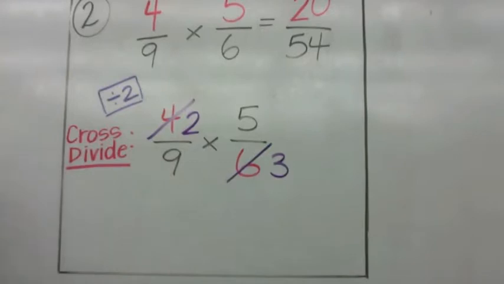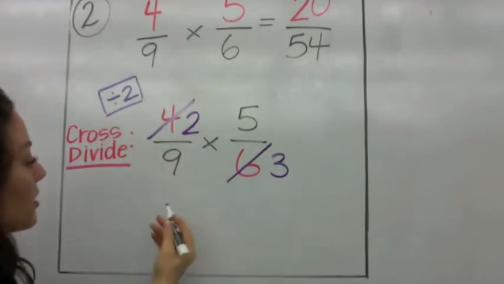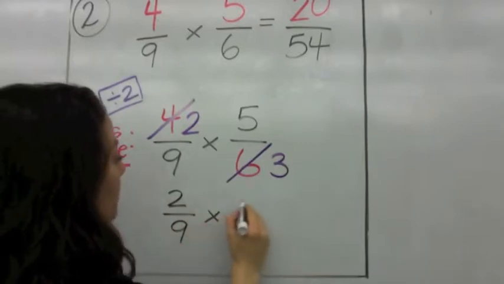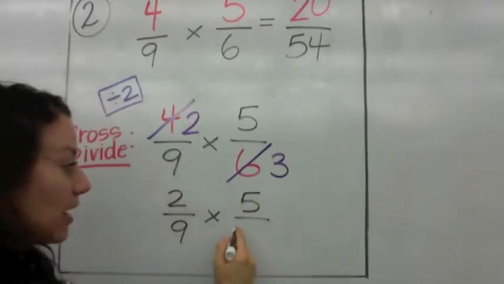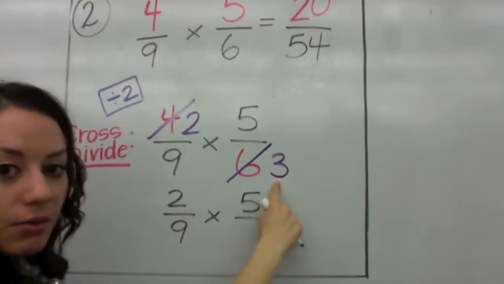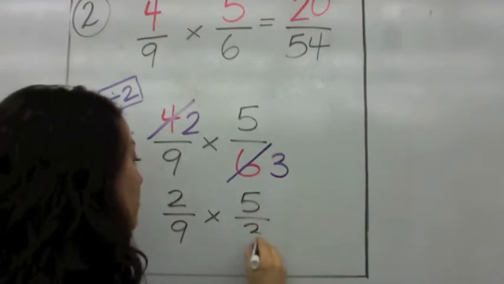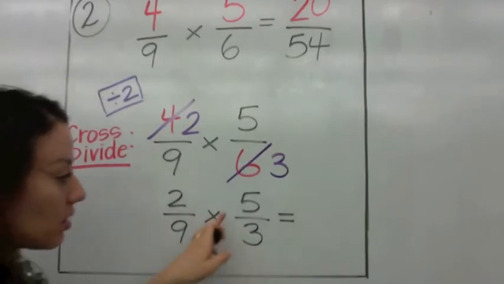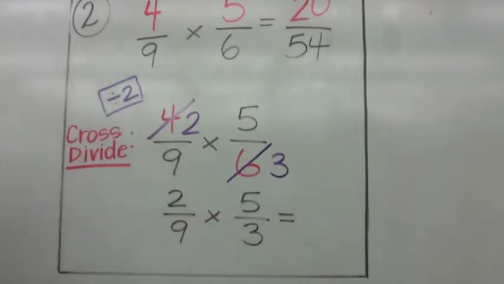Very good. Now I'm going to rewrite these fractions as 2/9 times, what's this new number here? It's 5/3, okay? And even though 5 is bigger than 3, this is called an improper fraction. We can still work with it.